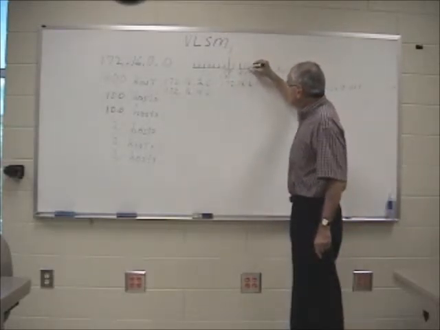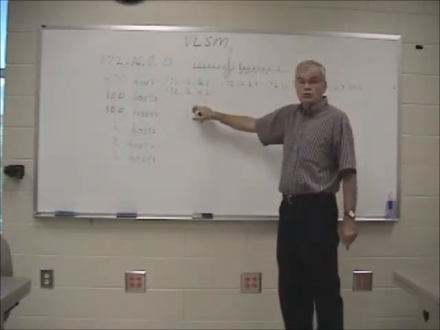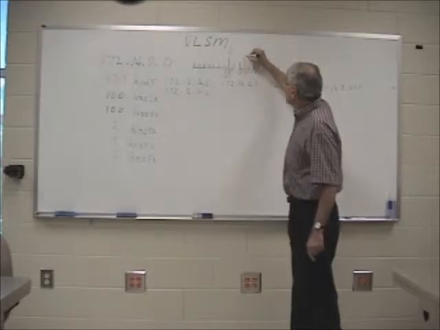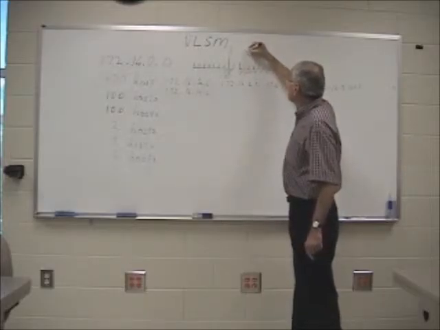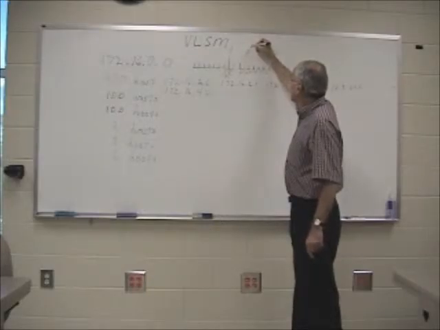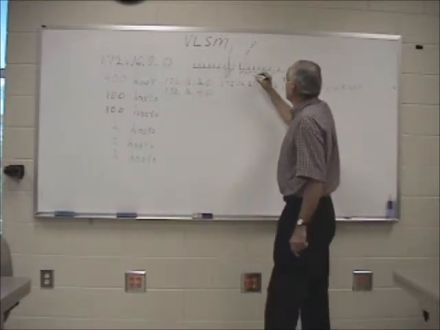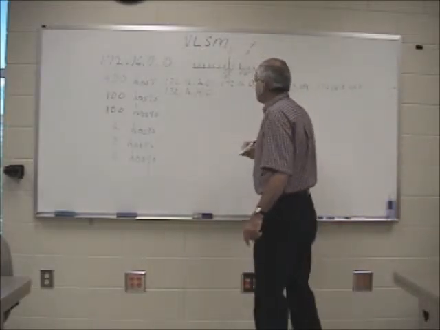So we only need the last 7 bits to handle 100 hosts. So we're going to borrow to here. So our second and our third are going to come off there. So it looks like a 14 is really a 6.